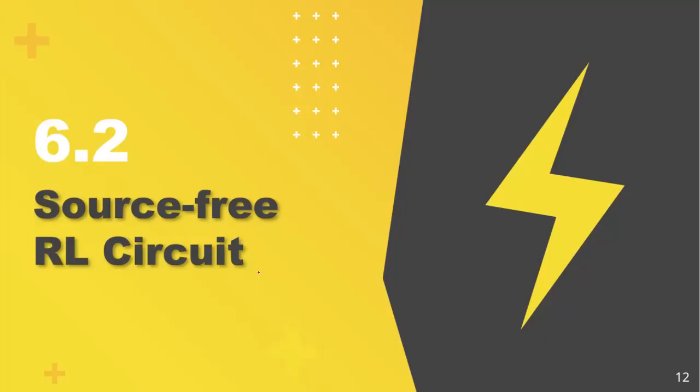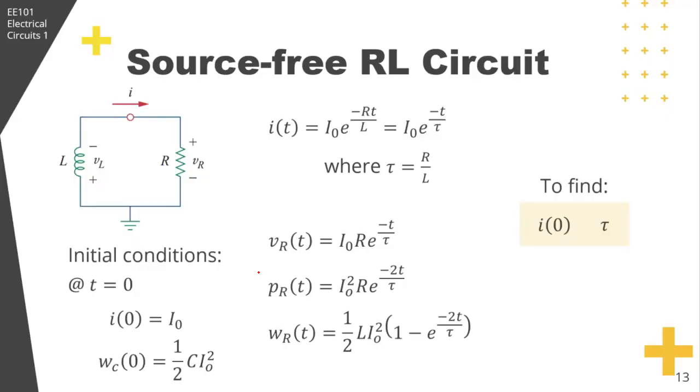Karon para sa source-free RL circuit, same idea ra gihapon sa ato ang RC circuit, same idea ra na ang gibuhat mao nga ang form ana pare-pareho ra pod. Okay, so you can just follow through this. Tapos para sa RL circuit, inyong pangitaon lang kay si I sub 0.